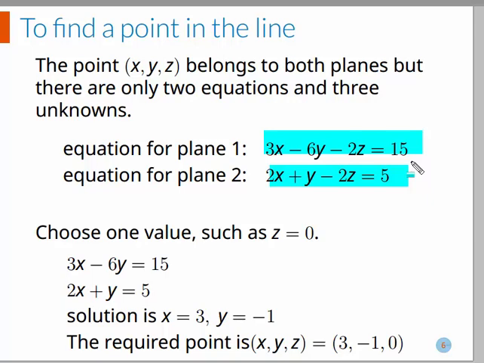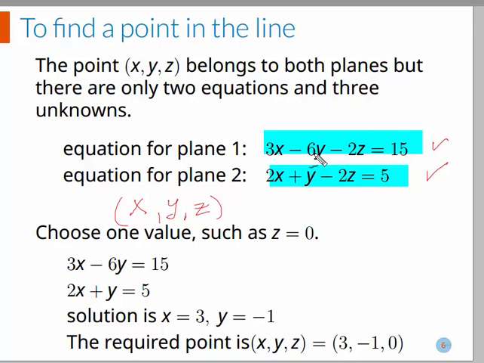So that means that the x, y, z's of the point has to satisfy this equation, and it also has to satisfy that equation. Okay, we are looking for 3 values to make up that point, but we only have 2 equations.